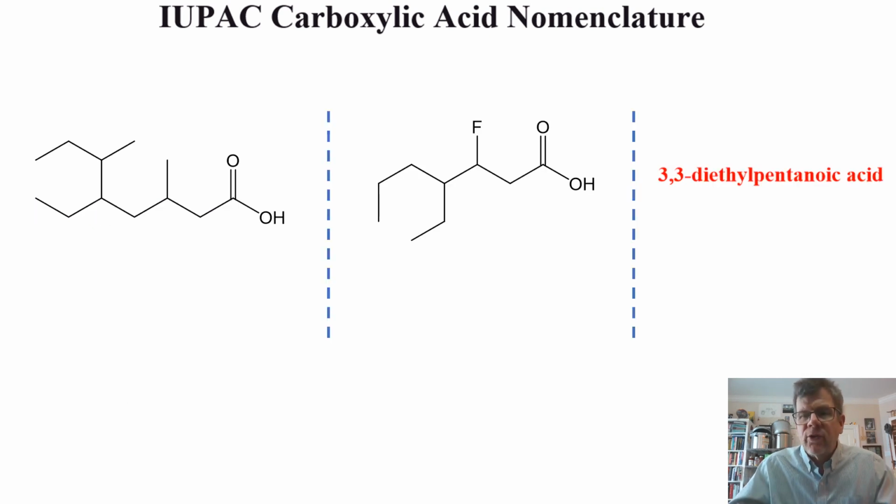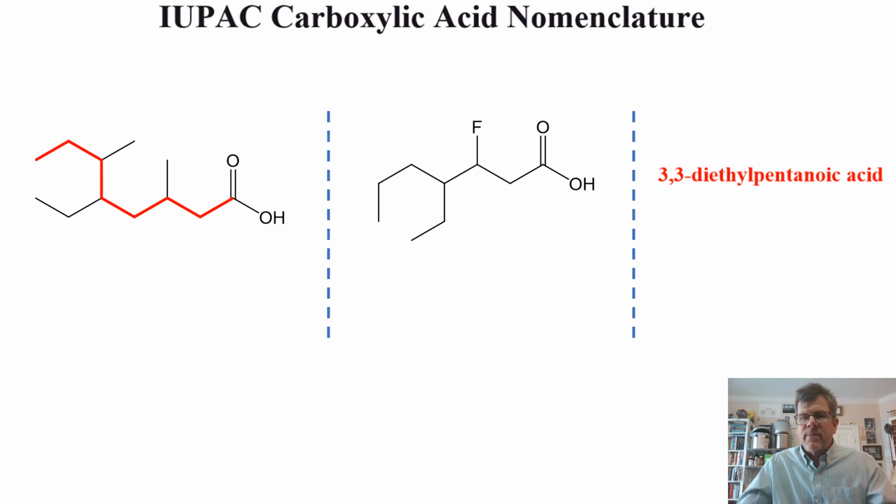Okay, let's ply our trade here. Having worked on a more elementary molecule on the previous slide, we have some more complex problems for carboxylic acid nomenclature in front of us. Let's take a look at the structure over on the left. We see that it is, without question, a carboxylic acid, so we are going to be naming it as such. The first thing to do is to find the longest continuous carbon chain.